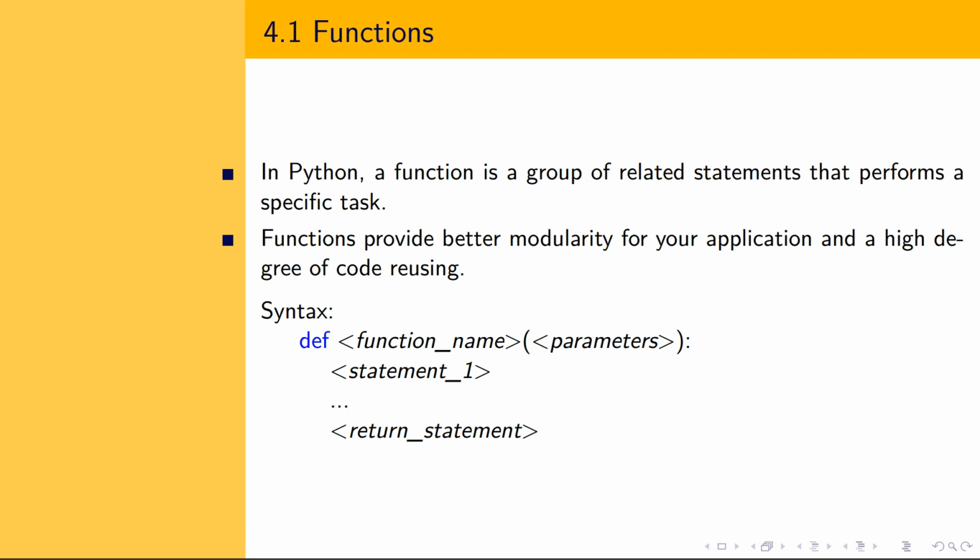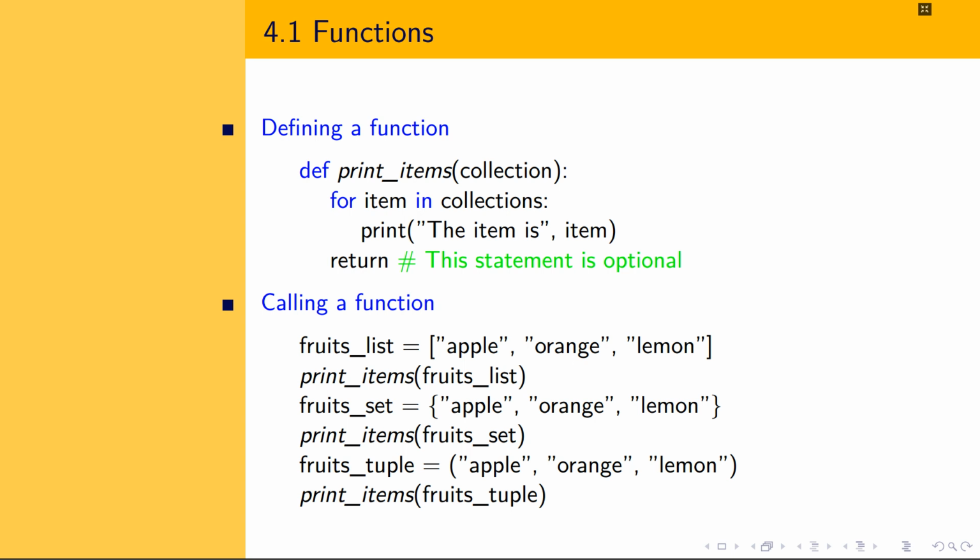So here I would like to give you an example. Here you have the print_items function. You write the keyword def, followed by the function name, and then the input parameters. Sorry, the parameter here should have the s, collections, not collection.